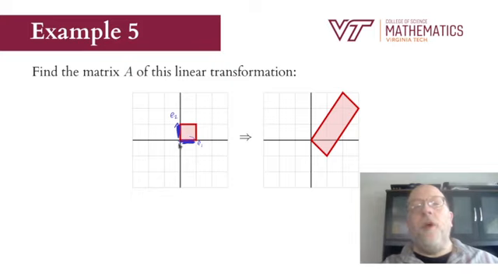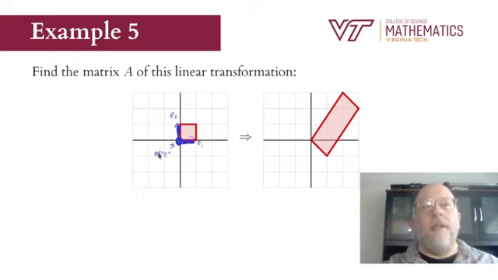Another thing that we know is that the origin can't move because 0 times anything is still 0, and so any linear transformation is going to take the origin to itself. So this can't move. This is the transformed version of the origin, is still the origin.